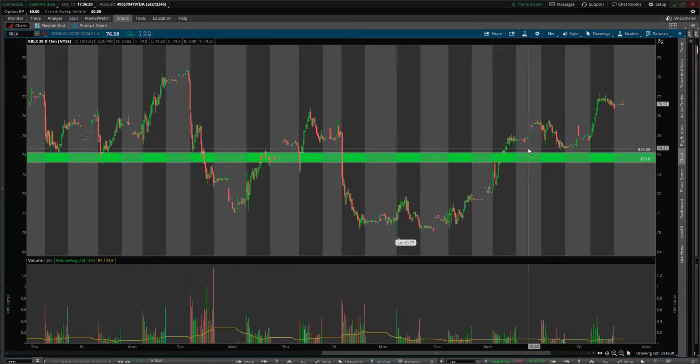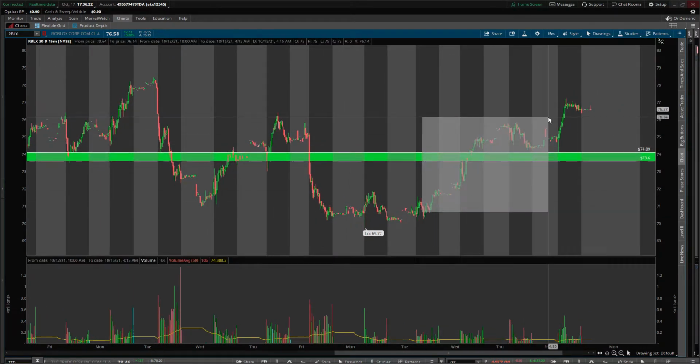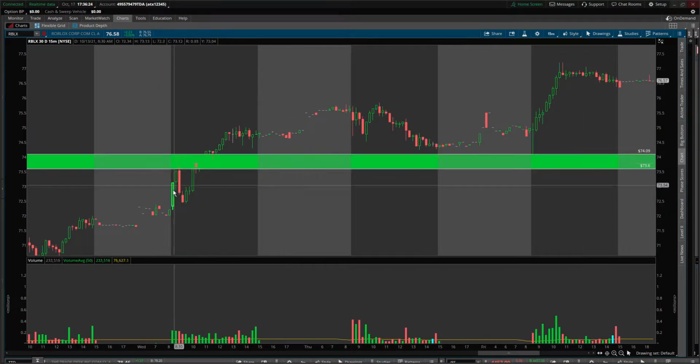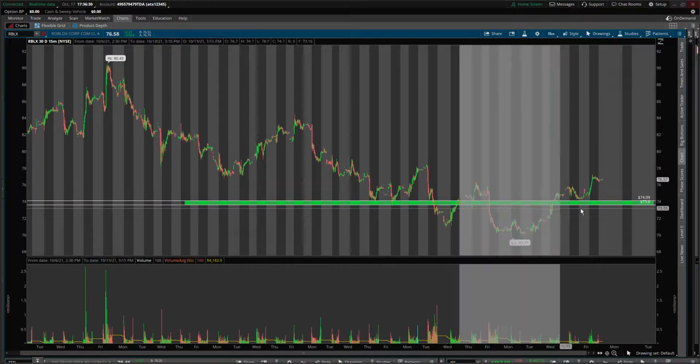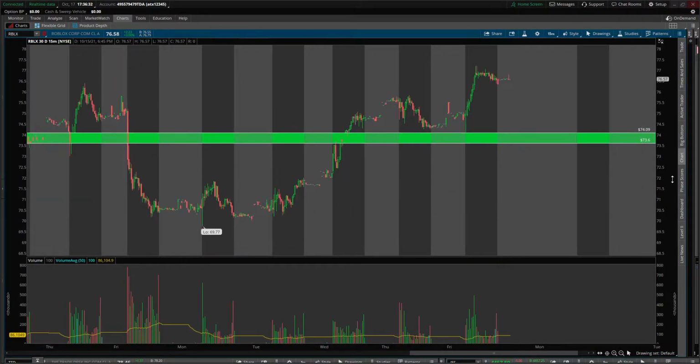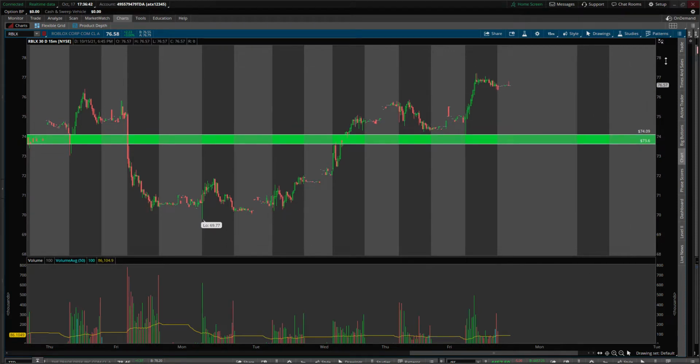But I do prefer to buy calls above demand zones or inside or near demand zones than I would with supply zones. And same thing with puts. I would prefer to buy puts near supply zones than I would near or above demand zones. But I will do both.